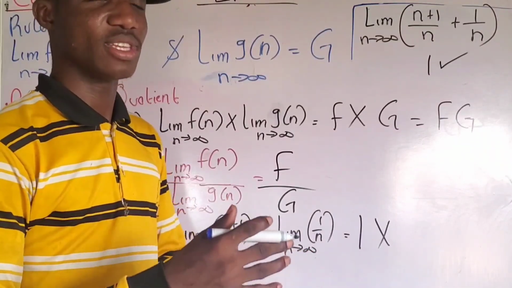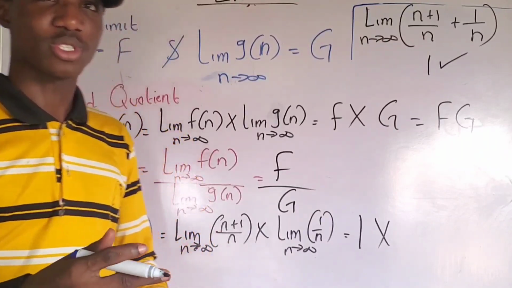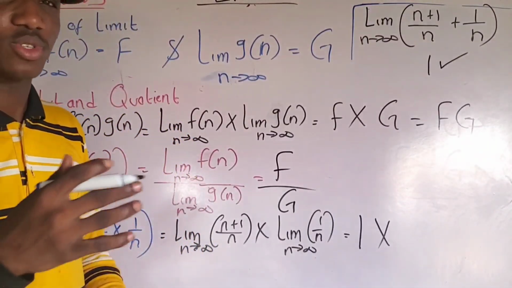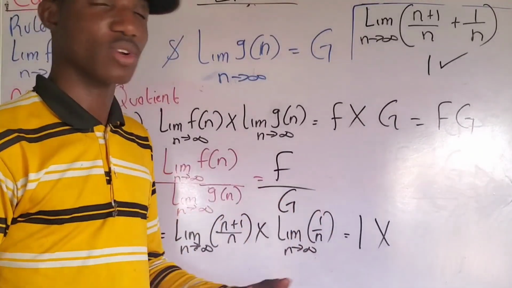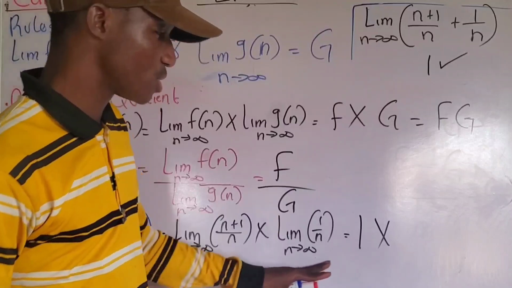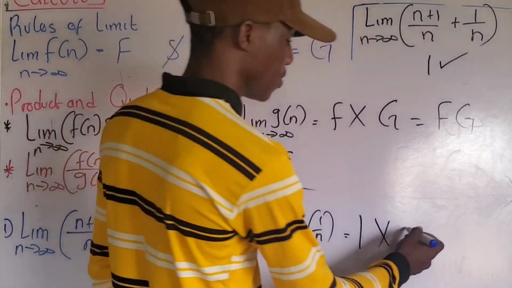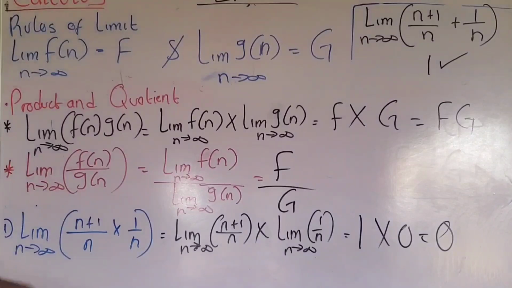That means the function is not going to attain 0, but it's going to approach 0. It's going to tend to 0. That means the value of 1 over n is 0 as n approaches infinity. So I'm going to have 1 times 0, which is 0. Do you understand?